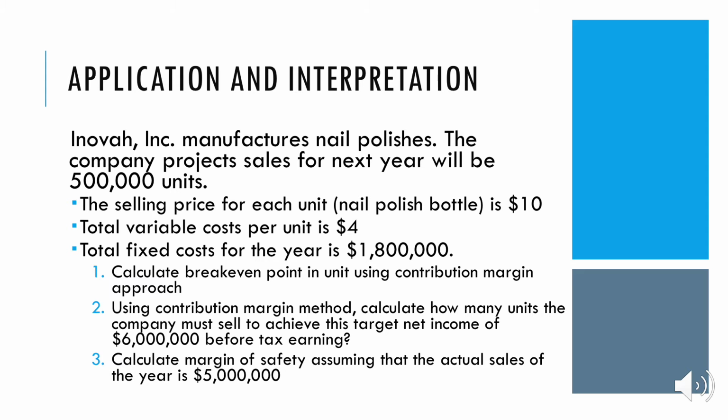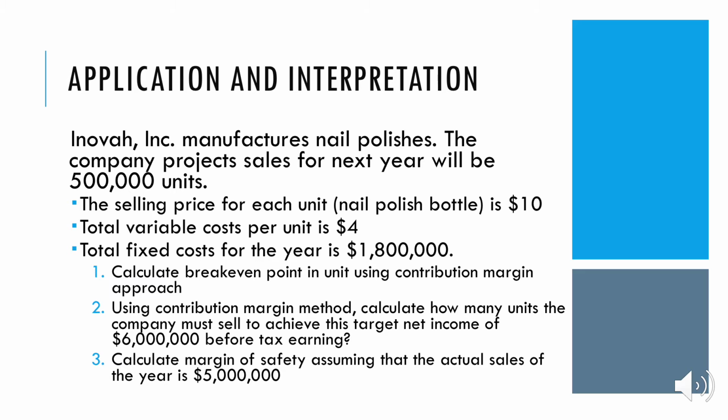The last portion of my presentation is the application and interpretation of cost volume profit analysis. Here we have Innova Inc. manufacture nail polish. The company projected sale for the next year will be 500,000 units. The selling price for each unit is $10. Total variable cost per unit is $4.